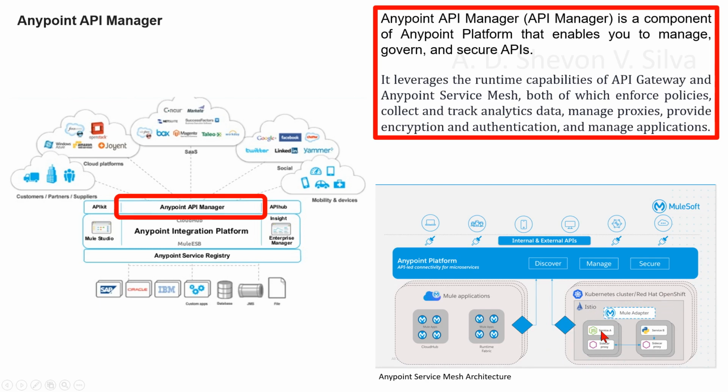Service A is connected to a sidecar proxy, and service B is connected to a sidecar proxy, and the sidecar proxies are interacting with each other, and the Kubernetes cluster or Red Hat OpenShift is connected to Anypoint Platform. API-led connectivity for microservices. You can see discover, manage, and secure inside the platform, and internal and external APIs are on top of Anypoint Platform here.